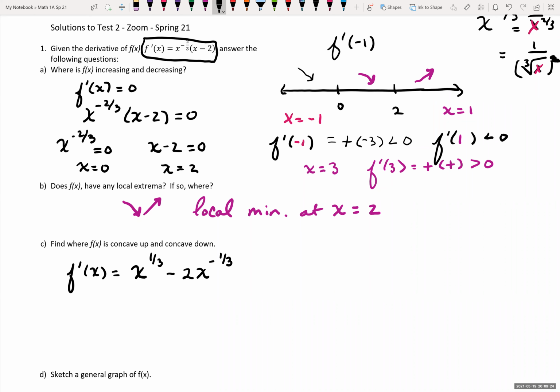negative 1/3. So now we're ready to take the derivative, second derivative. And so bring our power down front, subtract 1 from our power, we get 1/3 x to the negative 2/3, minus 2 times, bring our power down front, negative 1/3, subtract 1 from our exponent. So negative 1/3 minus 3/3 is a negative 4/3.